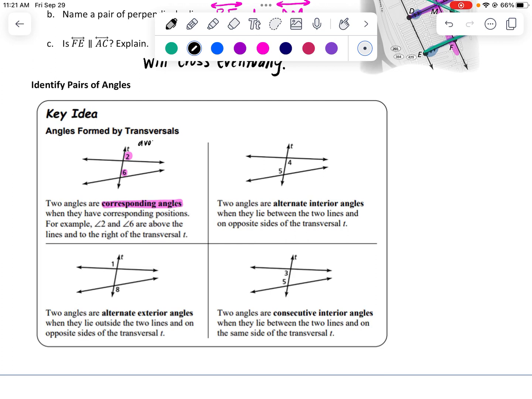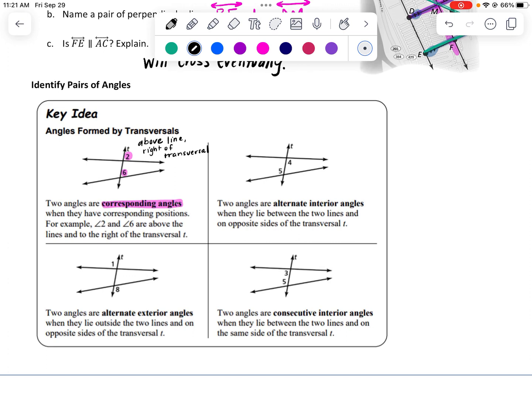So above line, right of transversal. You could also have like below the line and to the left, or above the line to the left, as long as they're in the same corresponding spots, right? Then they would be corresponding angles.